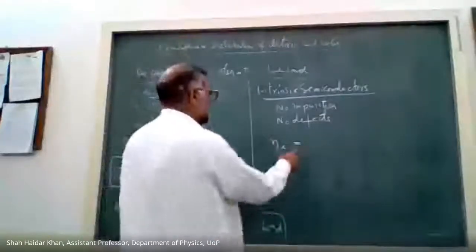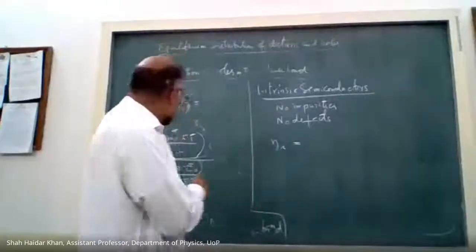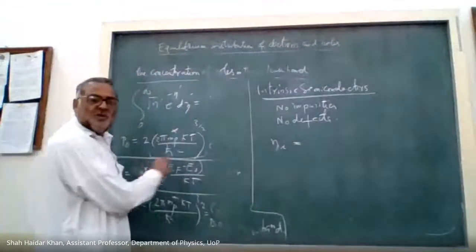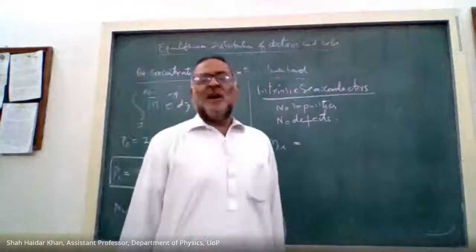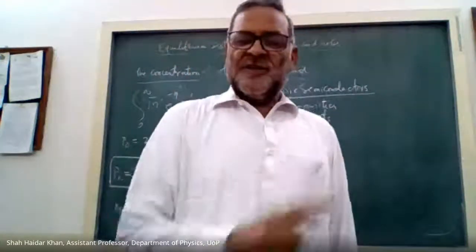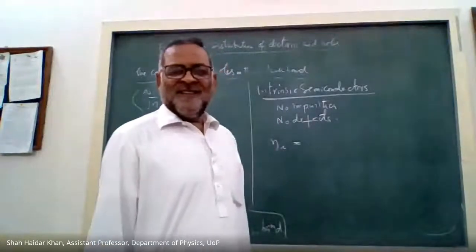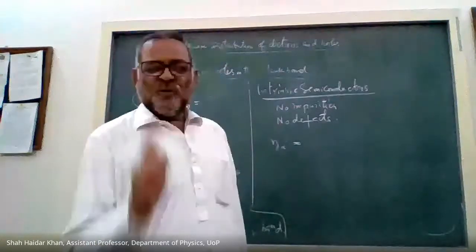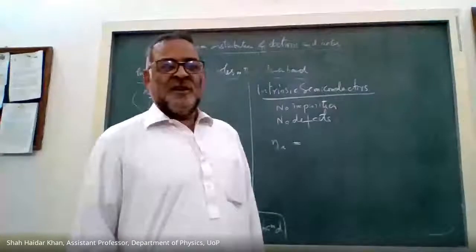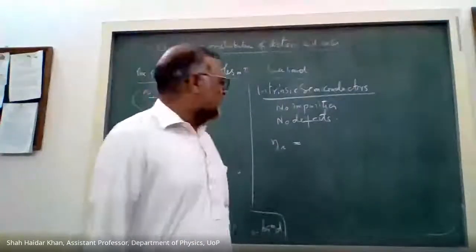So I will change that N naught and P naught to Ni and Pi. Now I call them intrinsic, and still they are in equilibrium. There is no potential difference applied, and no change in temperature from one end to the other.